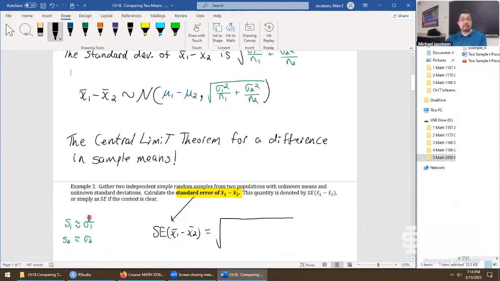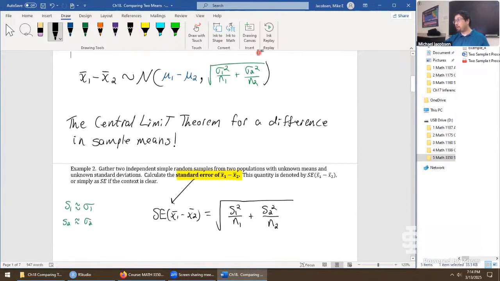We make these estimates right here. We're using the sample data, and we just plug it in. Once we gather the sample data, this is computable, and it's just an approximation for the standard deviation of this sampling distribution.